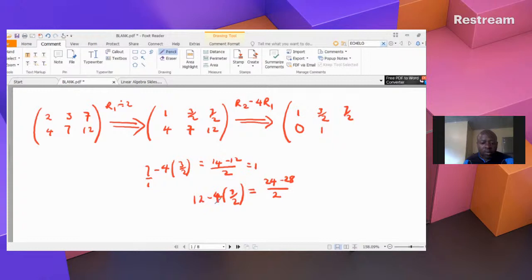You know how to do this. This 12 minus 28 out of 2. 28 out of 2 is 14. So this gives us negative 2. So it's negative 2 that I write here.